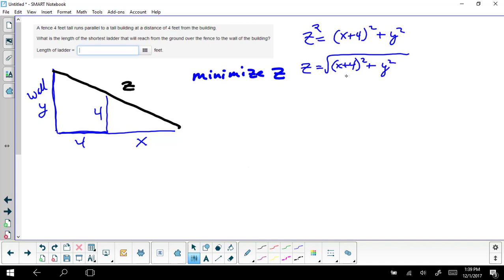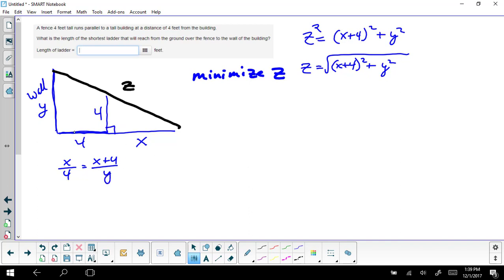Now, I don't want a function with 2 variables in it. I would like to try and get rid of either the x or the y here. I'm going to prefer to get rid of the y because, well, why not? So how can I create a relationship between x and y and get rid of that y from this equation? Well, I can say that x over 4 is equal to (x plus 4) over y.